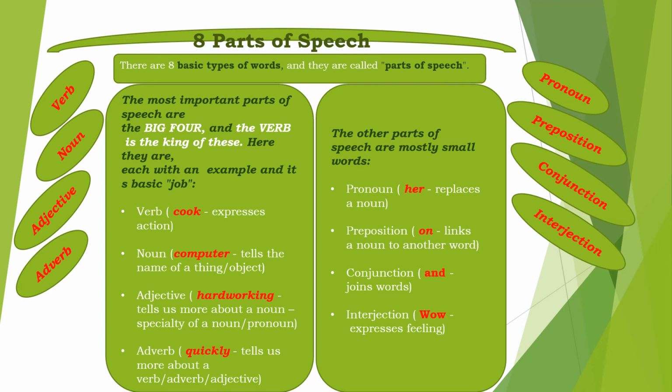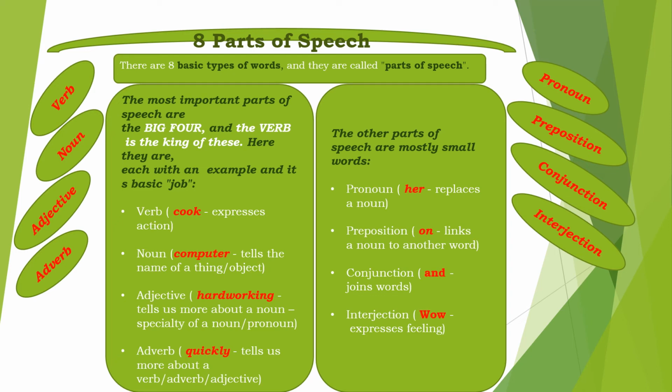Next one is preposition. Basically, preposition precedes a noun or a pronoun in a sentence. It links a noun and a pronoun to another word in a sentence. Basically, it is telling us the relationship between a noun or a pronoun or any other word in a sentence.